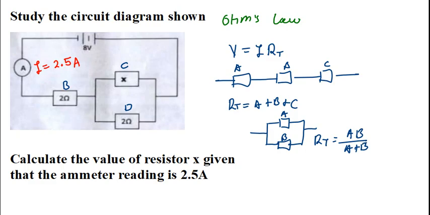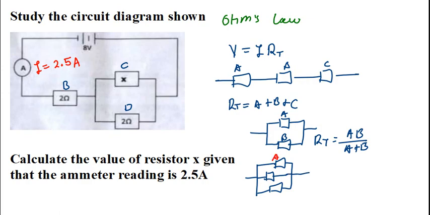Then if they are more than two, let's say three or more, which are in parallel, you have something like this. It doesn't matter the orientation, as long as we are able to see that they are in parallel.